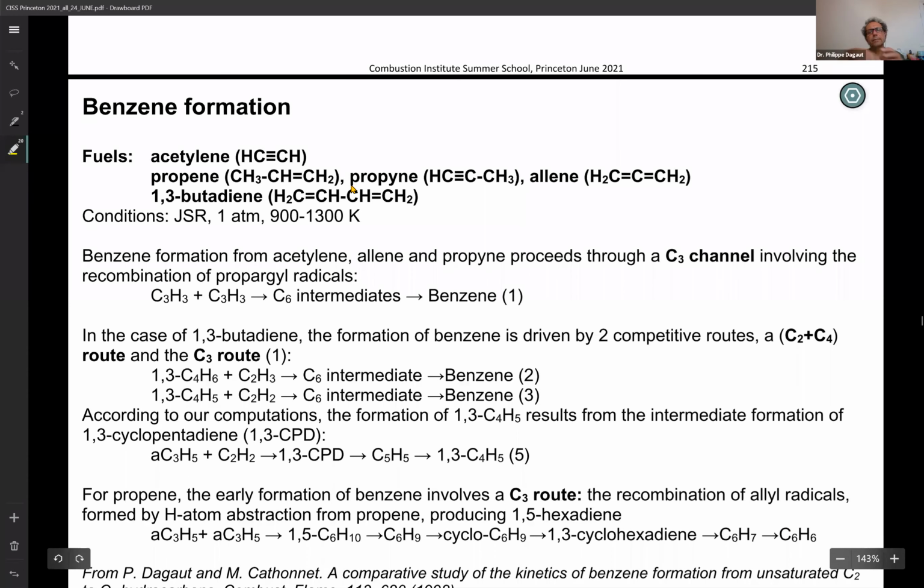So you see that it's not so trivial when you change the structure of a fuel. You can get different answers.